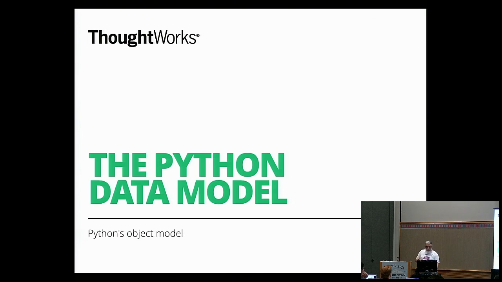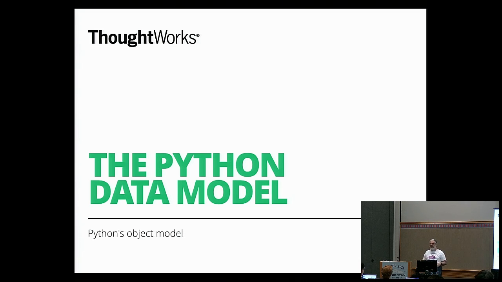Okay, so let's talk about the Python data model. The Python data model is Python's object model, and that's something that I struggled a little bit with, this terminology, when I was writing the book, because the Python books that I admire, like Python in a Nutshell by Alex Martelli, and now there's a new edition coming out also with Anna Ravenscroft and Steve Holden, call this the Python object model.